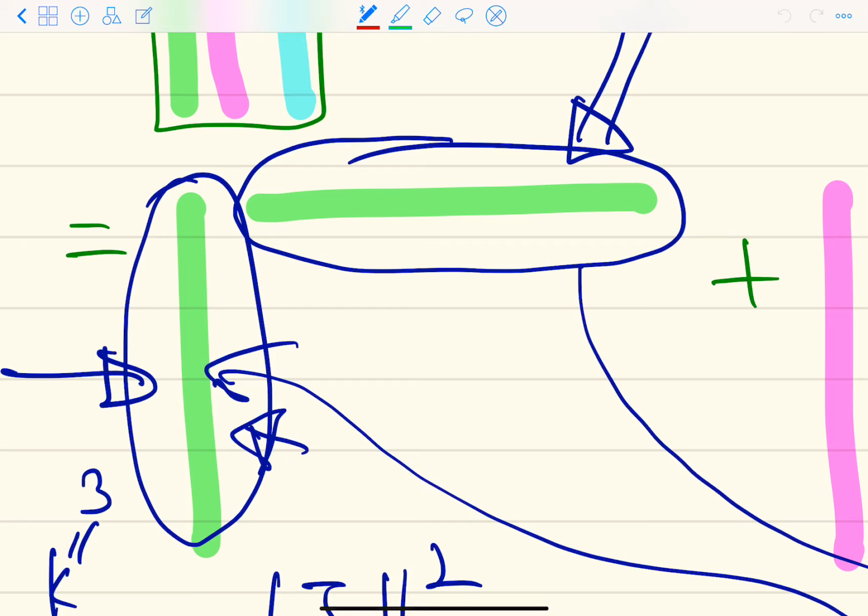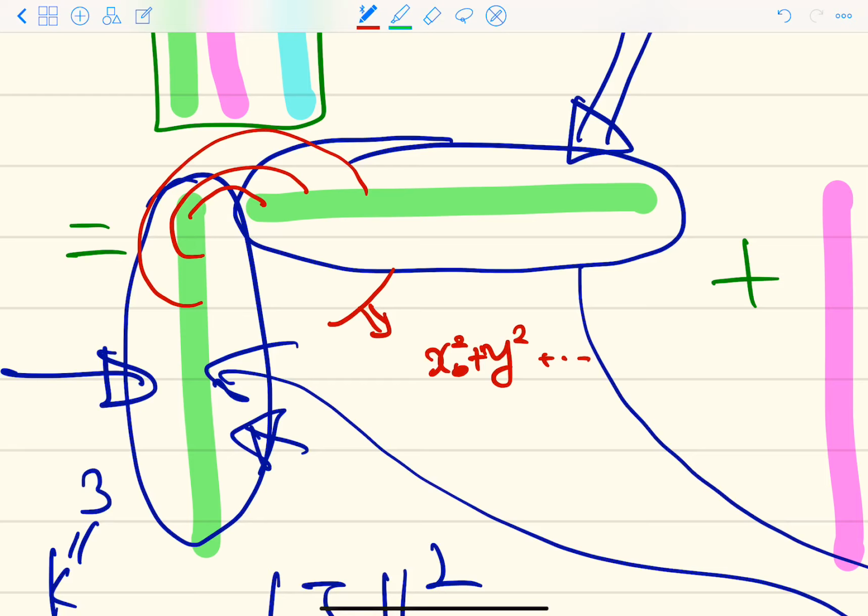But here, this one is no longer a constant, right? So really, this guy is x1 squared and x squared and y squared and so on, right? Sorry, it is wrong.